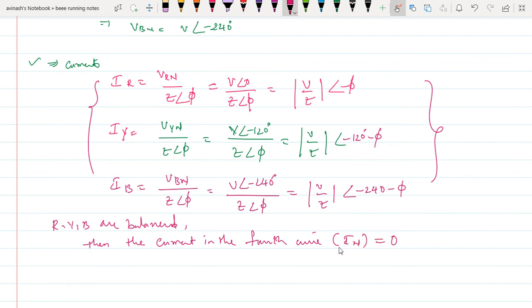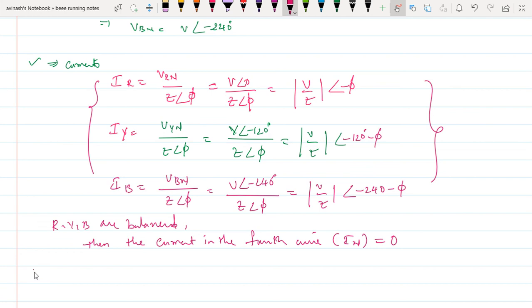Okay, removing this connecting wire between the source neutral and the load neutral, therefore, is not going to make any change in the condition of the system. So if we remove the neutral point, the fourth wire, on the source side and load side, then nothing will change. The availability of neutral wire makes it possible to use all the three phase voltages as well as the three line voltages.